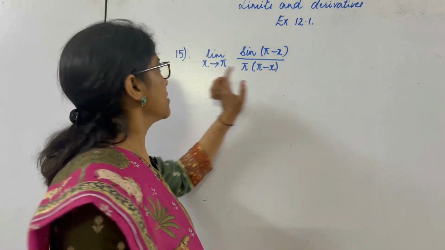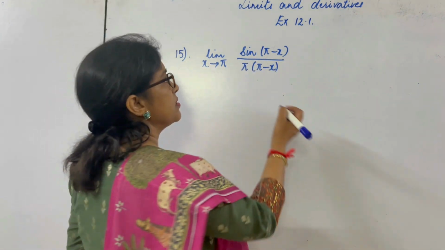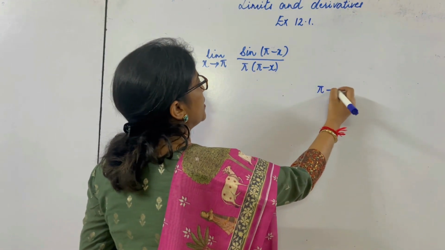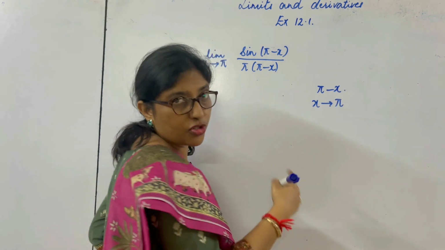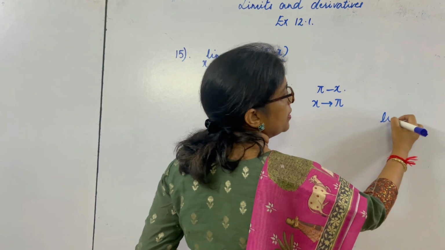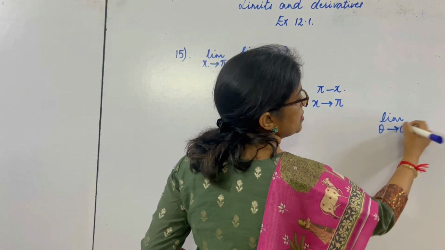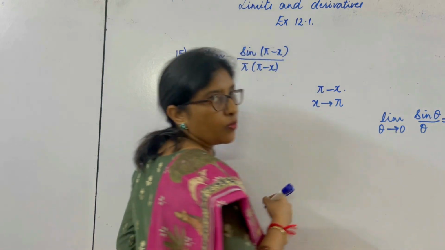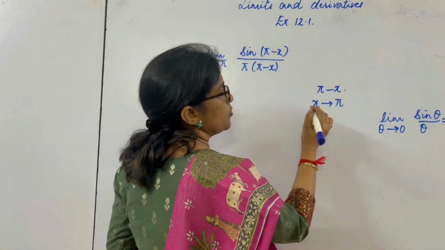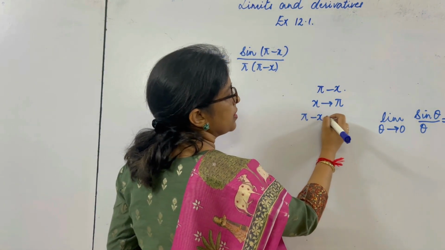In this case, the angle is pi minus x. So, if angle is pi minus x, then the limiting value should tend to 0, so that we can apply limit sin theta upon theta, which is, when theta tends to 0, 1. So, if x tends to pi, what is pi minus x?